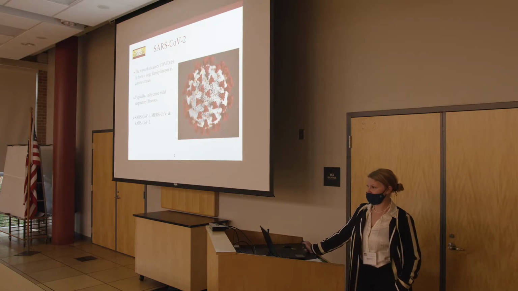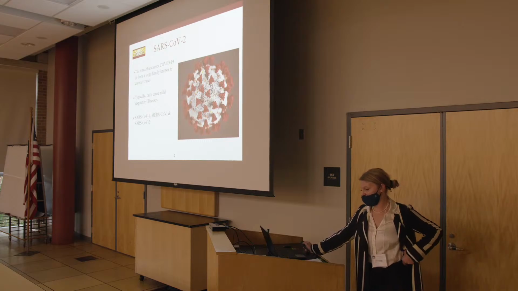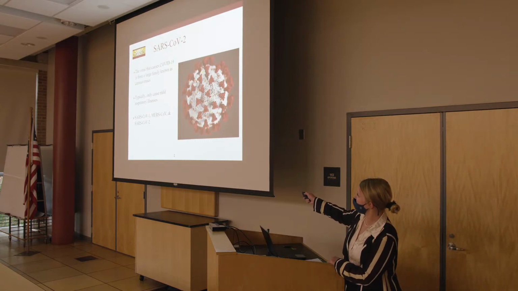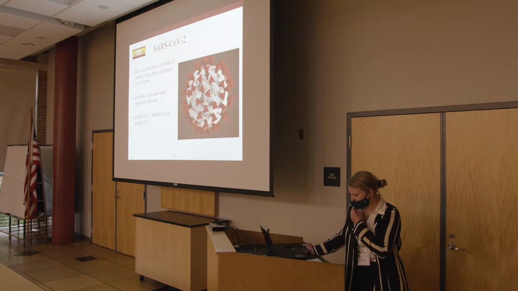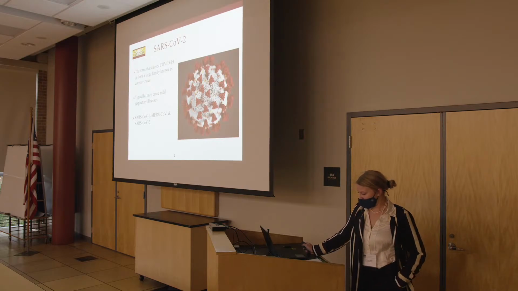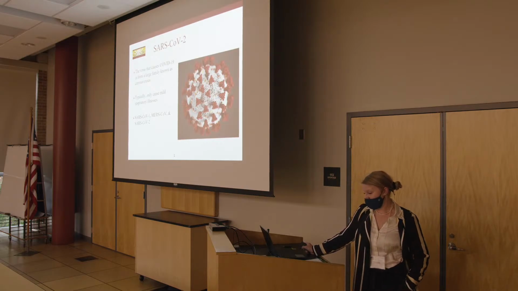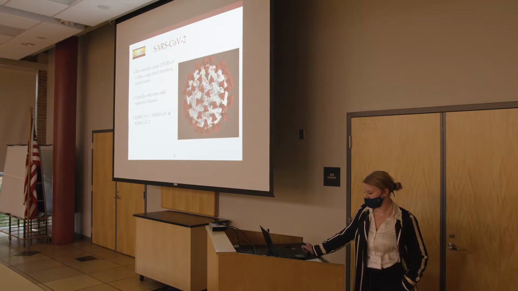And corona means crowns. So there's a crown of protein spikes sticking out of the envelope of the virus, which you can see right there. These allow the virus to attach to specific proteins on the surface of cells within the body to fuse with the cell membranes and release the virus's RNA.